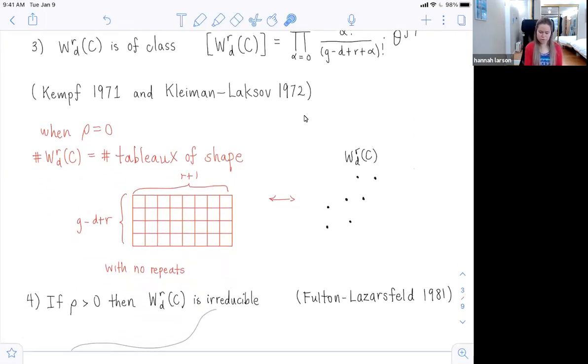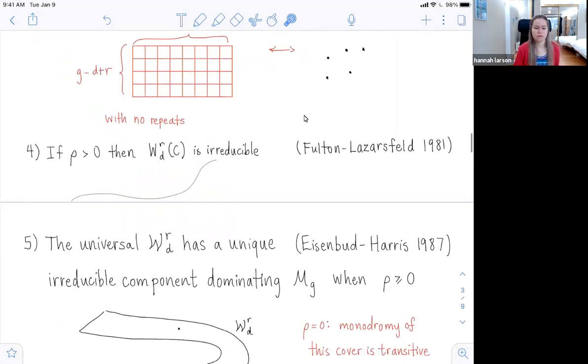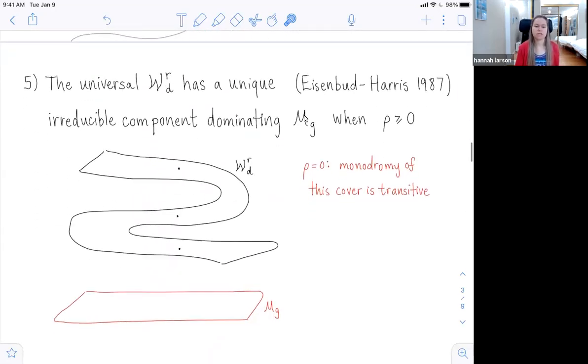Next, if rho is positive, then W^R_D is actually irreducible. This follows from a connectedness result of Fulton and Lazarsfeld for determinantal varieties, together with the normality in part 2. And finally, the universal W^R_D has a unique irreducible component that dominates the moduli space of curves whenever rho is greater than or equal to 0.